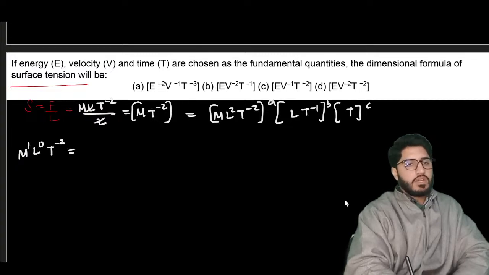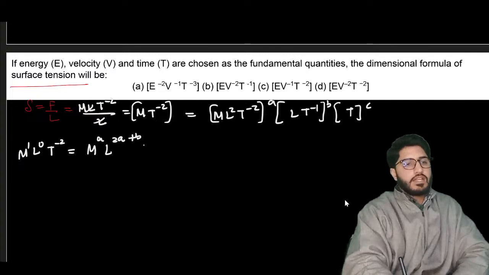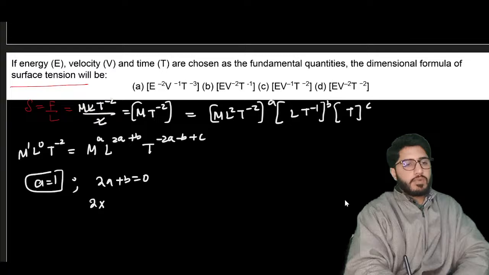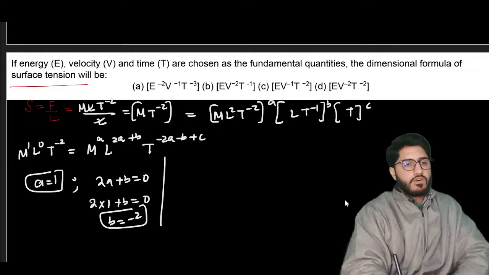Here we have M a, L 2a plus b, T minus 2a minus b plus c. Make the equations now. First of all, a is 1. Then 2a plus b equals 0, so 2 multiplied by 1 plus b equals 0. b came out to be minus 2.